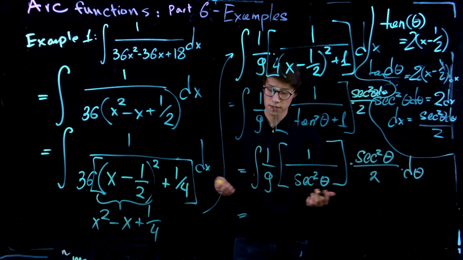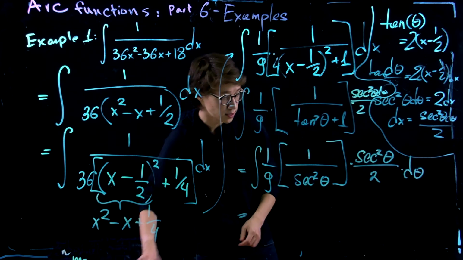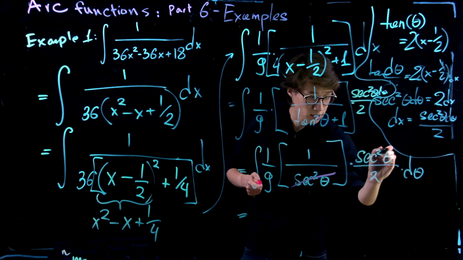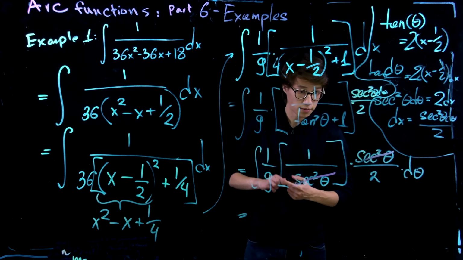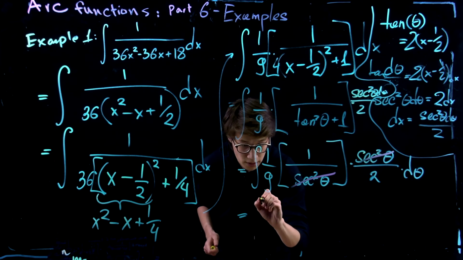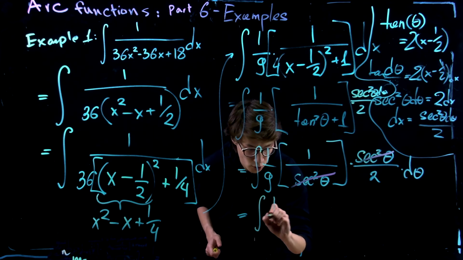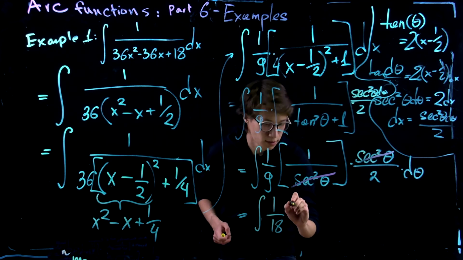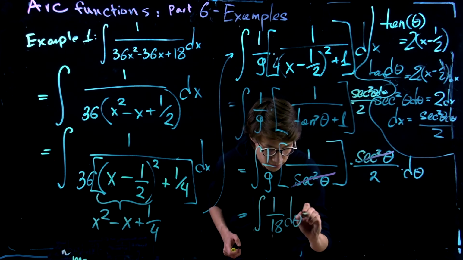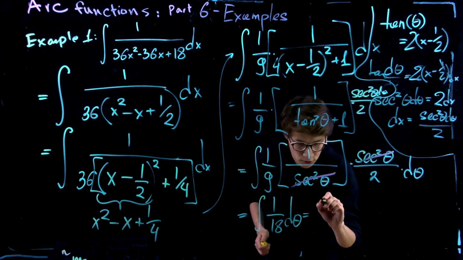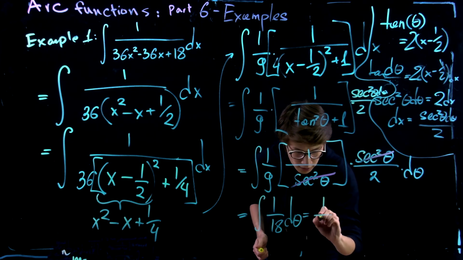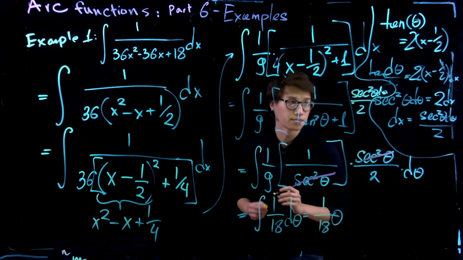Because everything is multiplied together, we can easily cancel out the secant squared. The 2 and the 9 coefficients stay on, so this would be 1 over 18 d theta. This is just a scalar coefficient now, so it's going to be 1/18 theta.